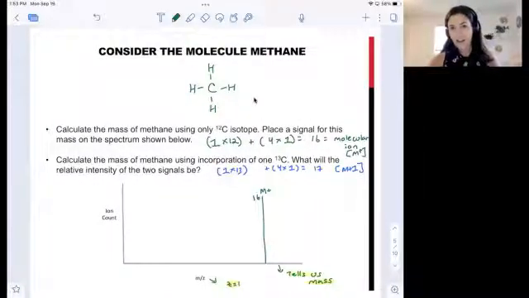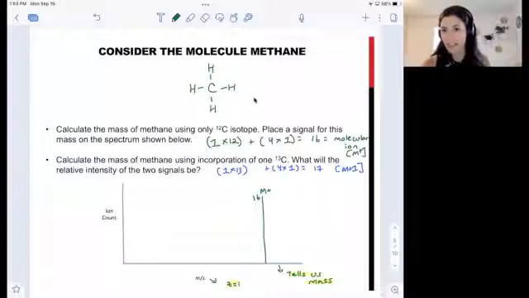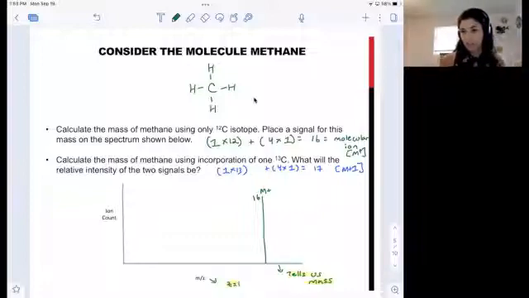If I had 100 methane ions, based on the natural isotopic abundance of carbon that we saw on the previous slide, I would expect one of those ions to incorporate a C13 atom. So let's look at how that would change the mass. The mass should increase by 1 to 17, and I could place that on my spectrum as well.